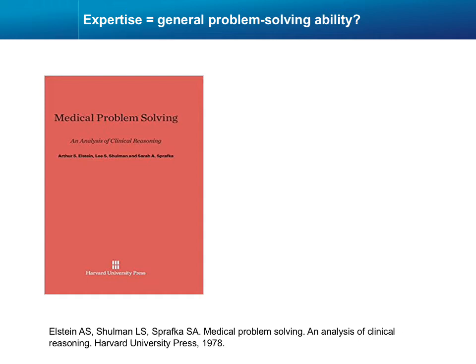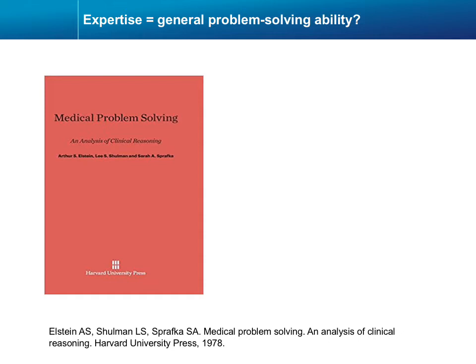So researchers decided to study this. And they watched medical students and then consultants see simulated patients. They video recorded them and they analysed what was going on. What they found was that there was actually no difference in the process or the thinking strategies used by the experts compared with the students.